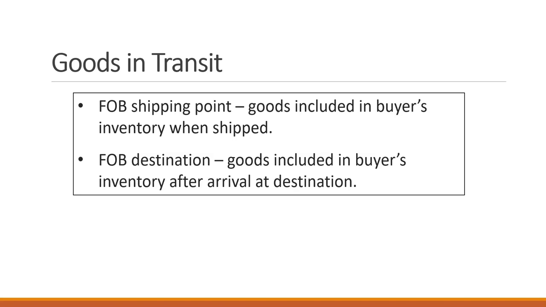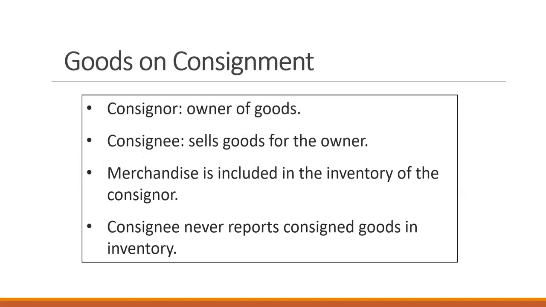If it's destination, then the buyer doesn't take possession until the inventory is placed in their care or their possession. So then we don't include that in the inventory until it arrives at the destination. If we sell goods on consignment, then the consignor is the owner of goods, and we are selling the goods for the owner.